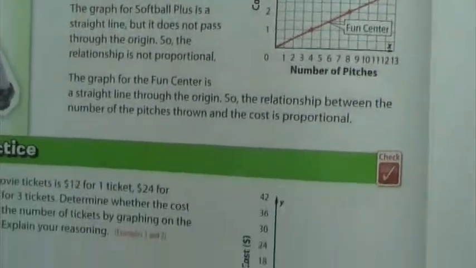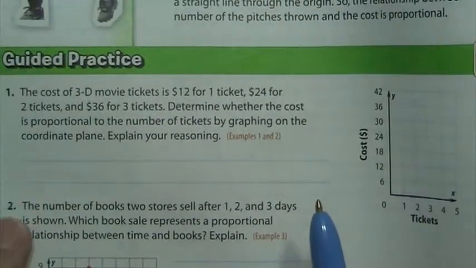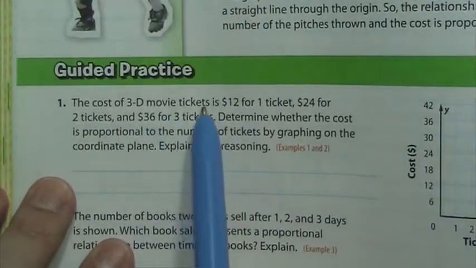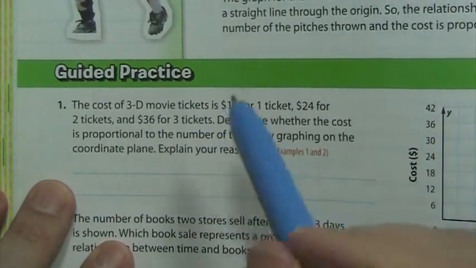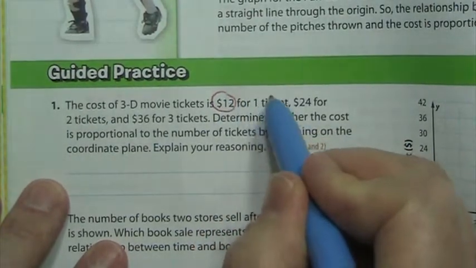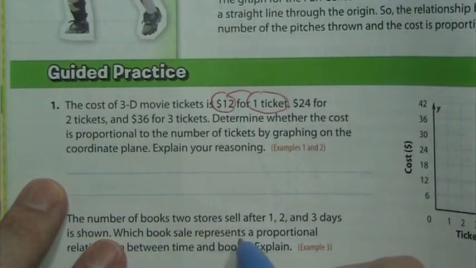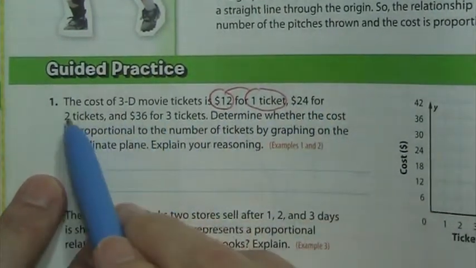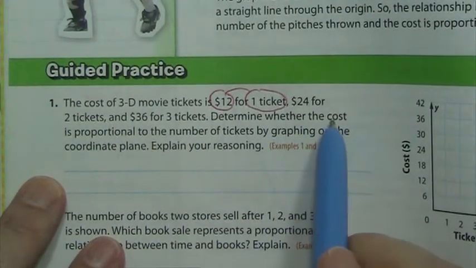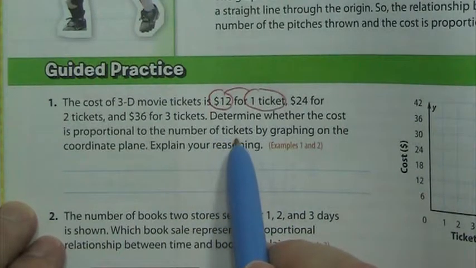Let's go down to here. Number 1. This is just a little tricky, so I just want to go over this with you. It says the cost of 3D movie tickets is $12 for 1 ticket, $24 for 2 tickets, $36 for 3 tickets. Determine whether the cost is proportional to the number of tickets.